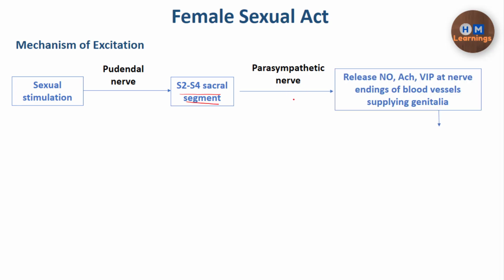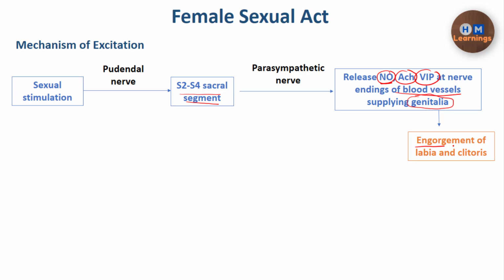From there the parasympathetic nerve is going to supply the genitalia, specifically the blood vessels supplying the genitalia. The parasympathetic nerve endings end at these blood vessels and release nitric oxide, acetylcholine, and vasoactive intestinal peptide. So how does nitric oxide act? It has already been mentioned in the male sexual act video. You can watch it.